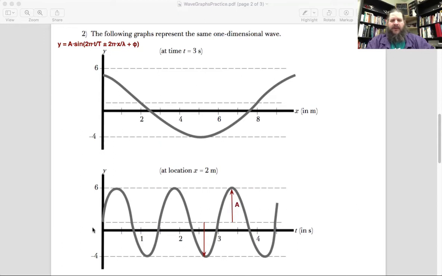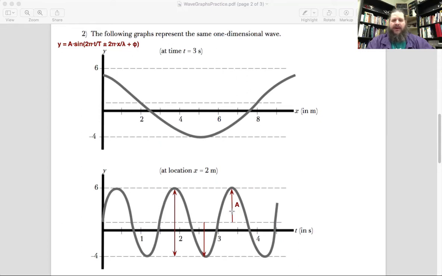And we don't have equilibrium marked here, but how far is it from crest to trough here? What's that vertical distance there? 10. Yeah, from -4 to 6 would be 10. You can find that by subtracting. If it's not already clear, 6 minus -4 would be 10.